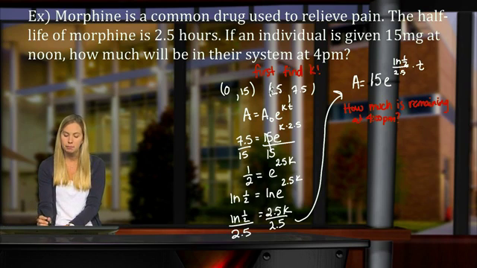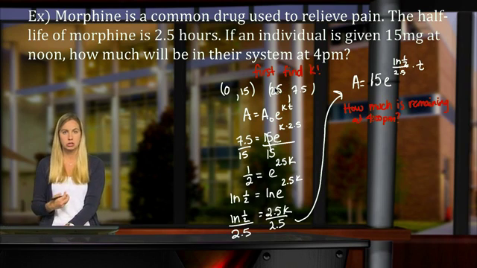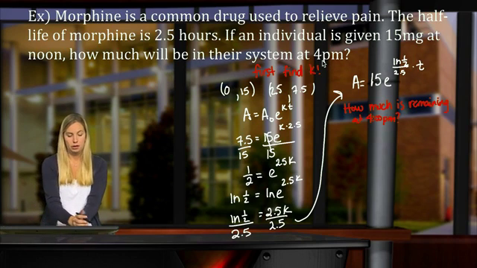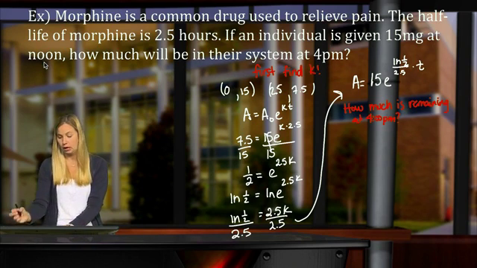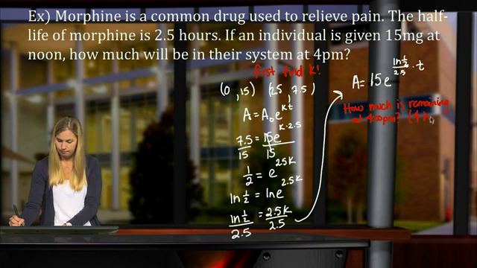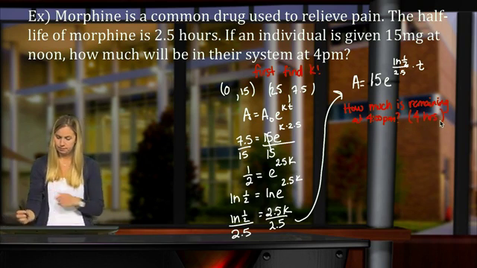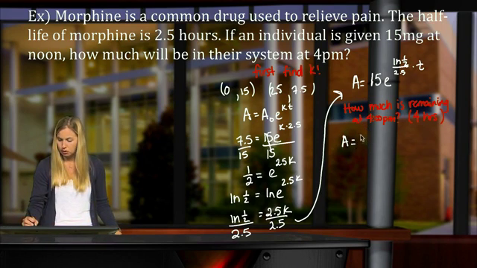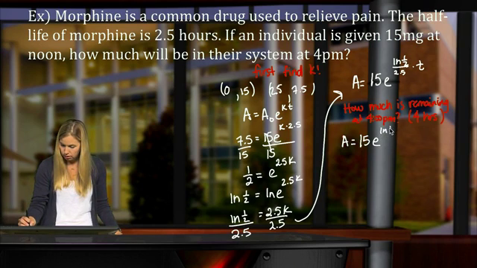We measured time in hours, so we'll continue to use hours when we're solving here. At 4 p.m., if we started at noon, 4 p.m. is 4 hours. So plugging in, we have 15 e to this value of k.